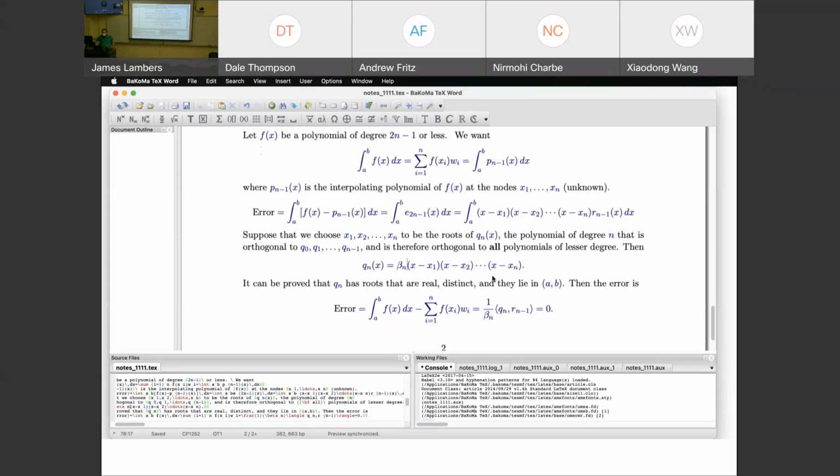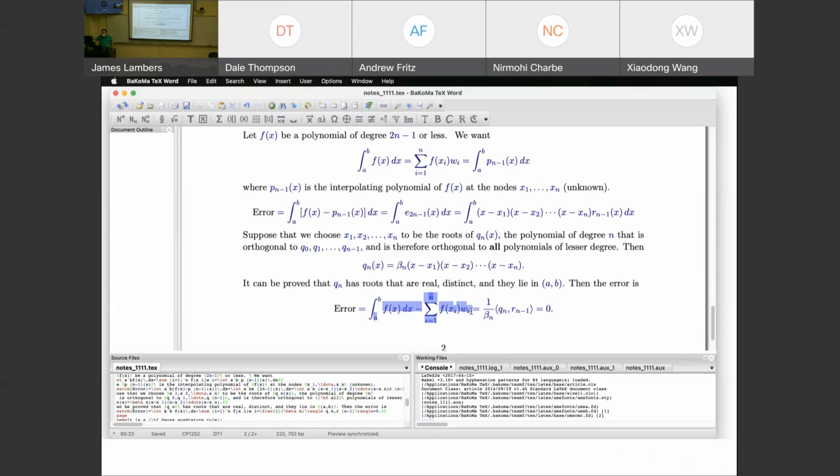So what that means is, from this equation here, I can say that this product of linear factors, right here, is equal to Qn over beta n. So the error that I have here, and remember this is equal to the integral of Pn minus 1, is equal to the inner product of Qn over beta n with Rn minus 1. And Qn is of degree n.